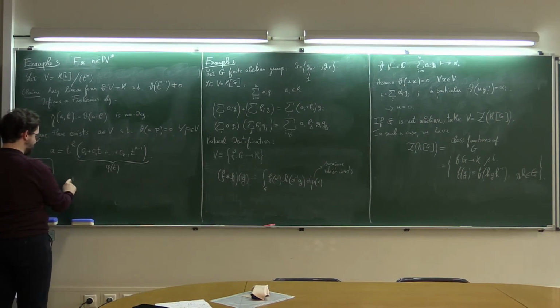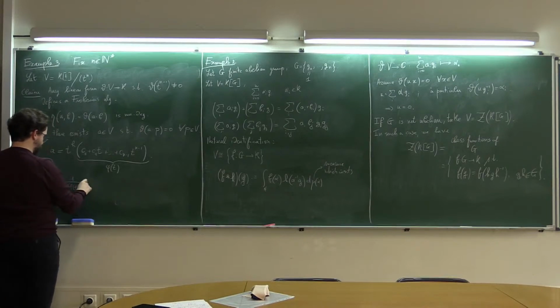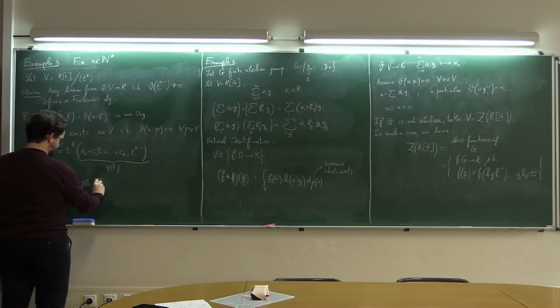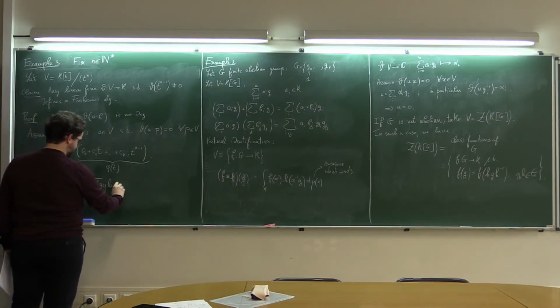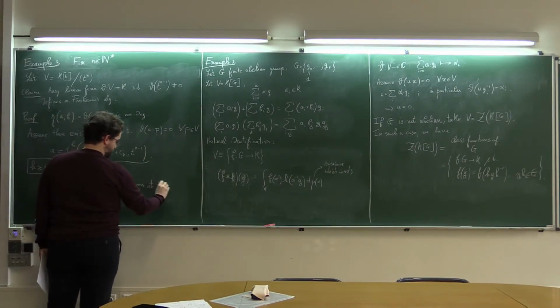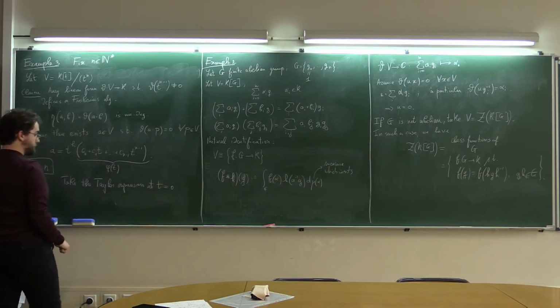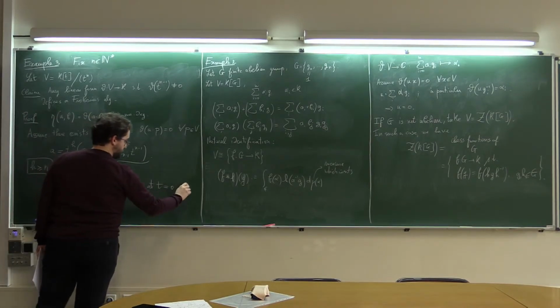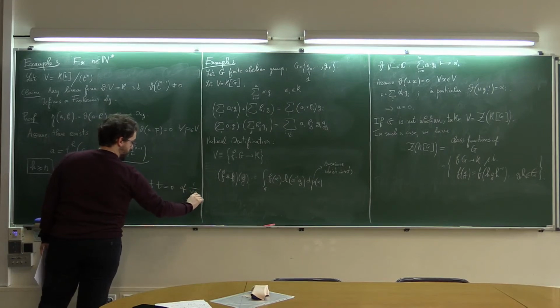So take 1 over phi of t. We can consider formally the Taylor expansion at t equal to 0 of the function 1 over phi of t.